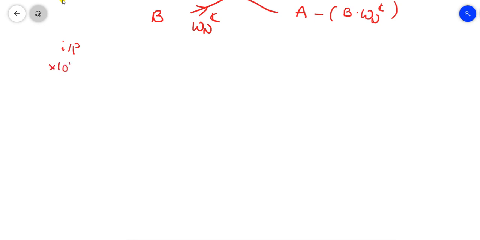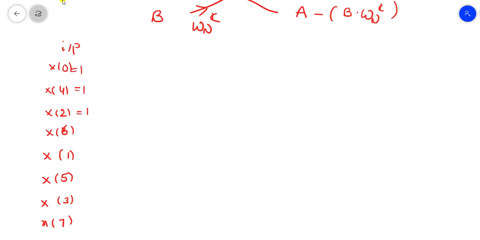So that's why x of 0, x of 4, x of 2, x of 6, x of 1, x of 5, x of 3 and x of 7, all small x. All sample values are 1, 1, 1, 1, 1, 1, 1, 1. Now see, all the samples are there.